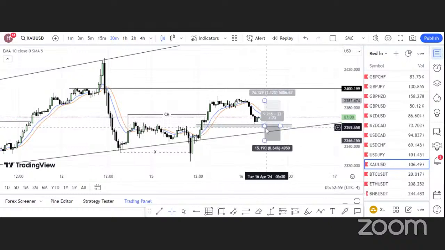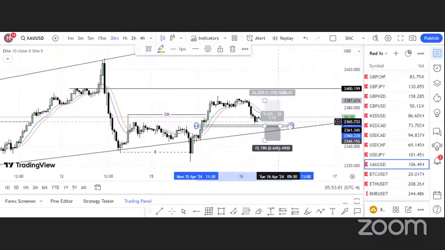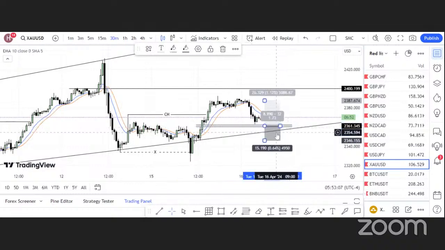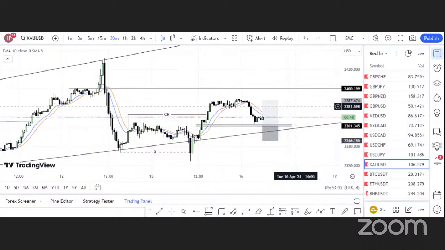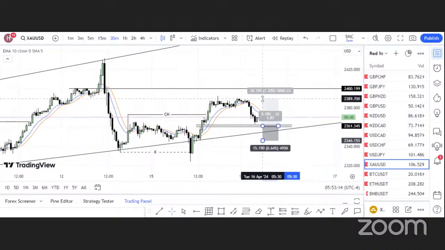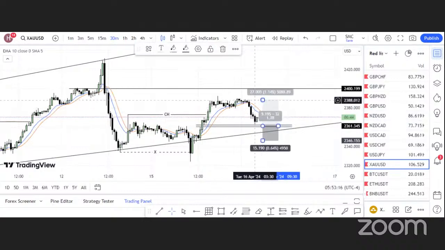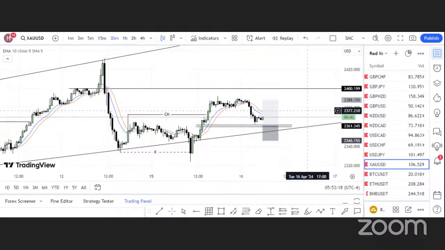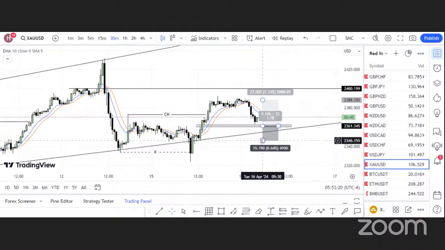All right, and then we can look for a buying opportunity from there. But for now, I don't have a buying confirmation for this trade.